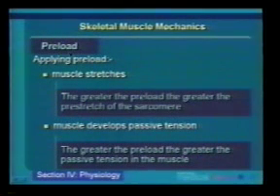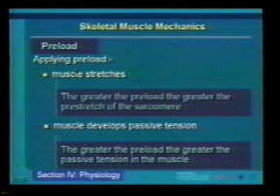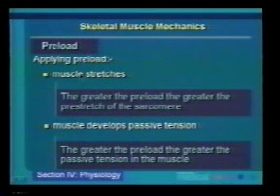Now we're going to start off here by going through a couple of definitions. They are preload and afterload. And of the two, preload is the most important. Now, simply defining preload. Preload, by definition, is a load applied to the muscle before the muscle contracts. If you apply a load before the muscle contracts, you are preloading that muscle, and the amount of weight you add is the preload.